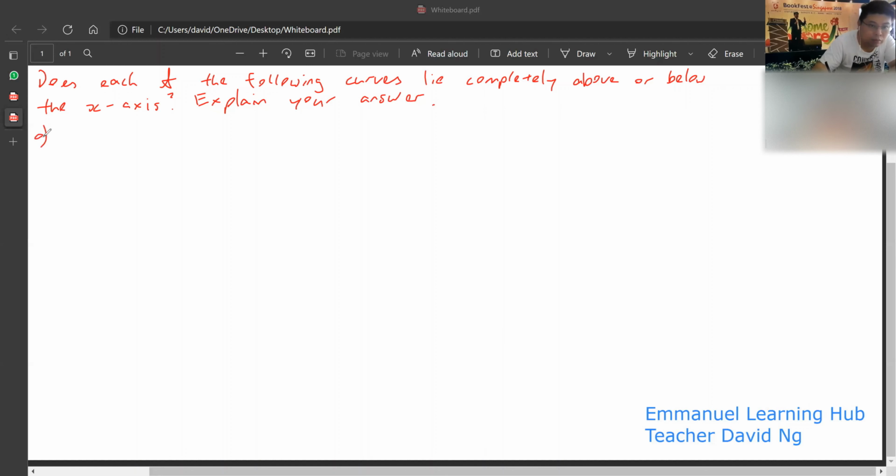Explain your answer. Example, this one, and B. So they're asking you a question: does this curve lie completely above or below the x-axis?